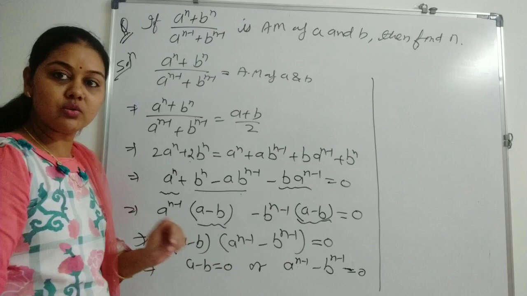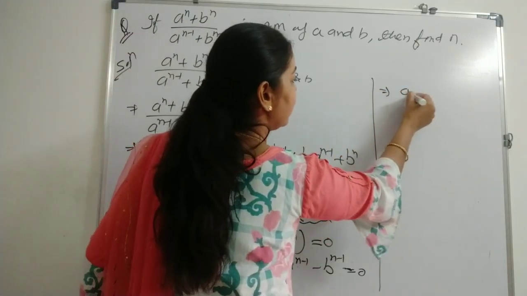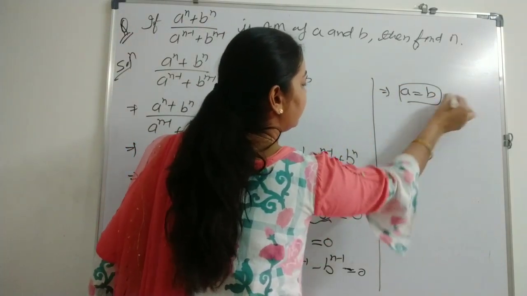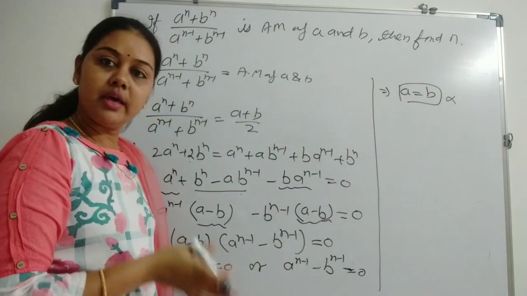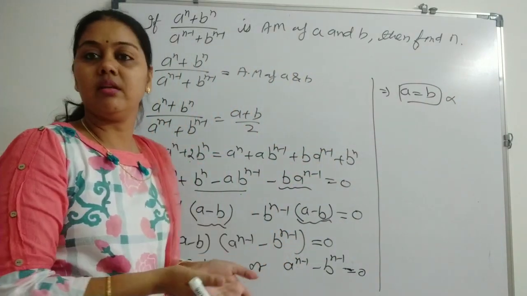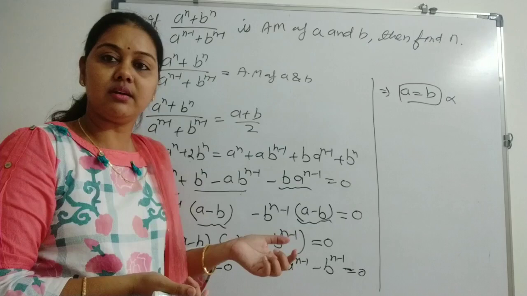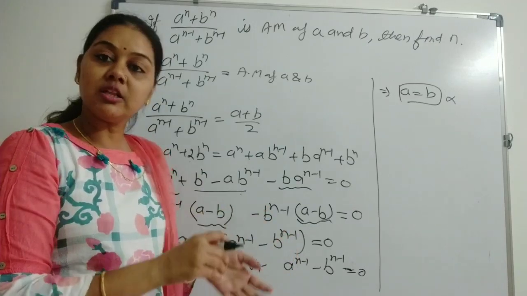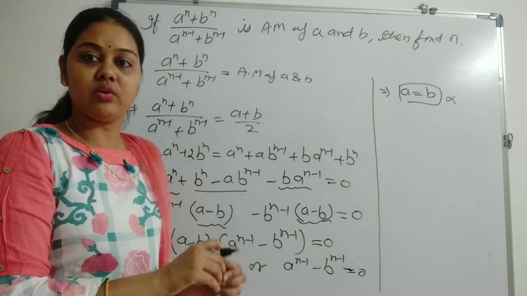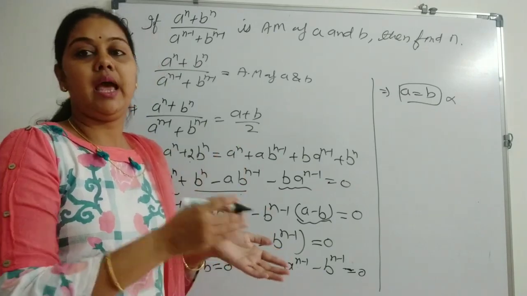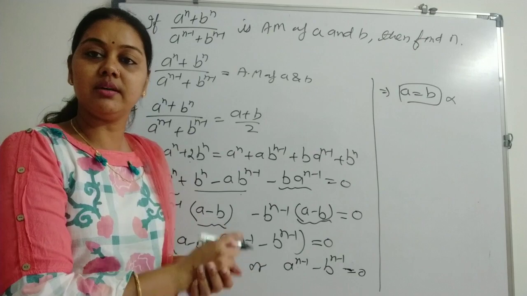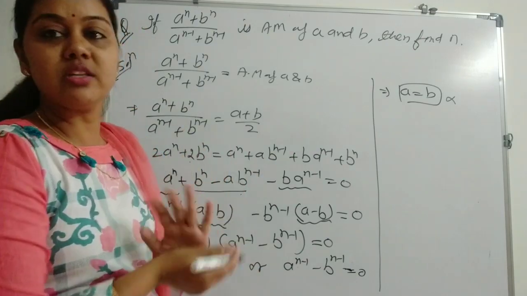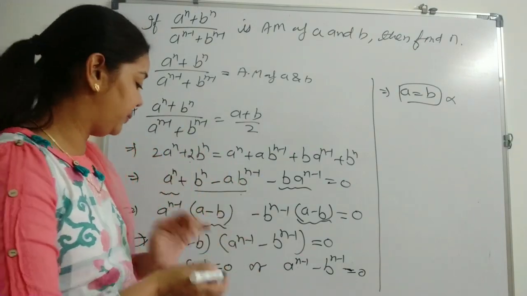If a minus b equals 0, it means a equals b, but that is not possible. If a equals b, then we don't have two terms, we have only a single term. Then how could we find the arithmetic mean? Arithmetic mean can only be found when we have two terms and in between them we insert a third term. So it is not possible that a equals b.